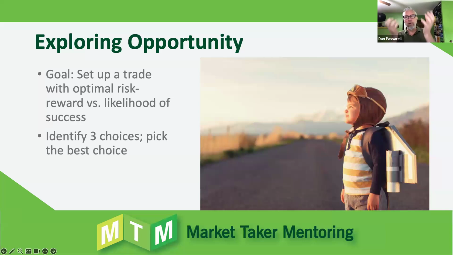But really, it's not this versus this, because it can't go too far apart. It can go like this, very small changes. What it really is, is this versus likelihood of success. Those two things also can't go too disparate, right? There's a balance there as well. So what we always want to do with any trade is identify three choices and pick the best one.